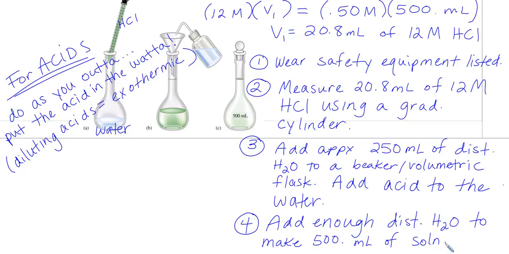Then I would do kind of like in number 3, where I'd have about a half full container of water, and then you can add your solute, whatever it might be, and stir it up to dissolve. But the exact order wouldn't really matter. I mean, then you could start with the original solution. You could add some water. But for acids, do as you oughta. Put the acid in the water.